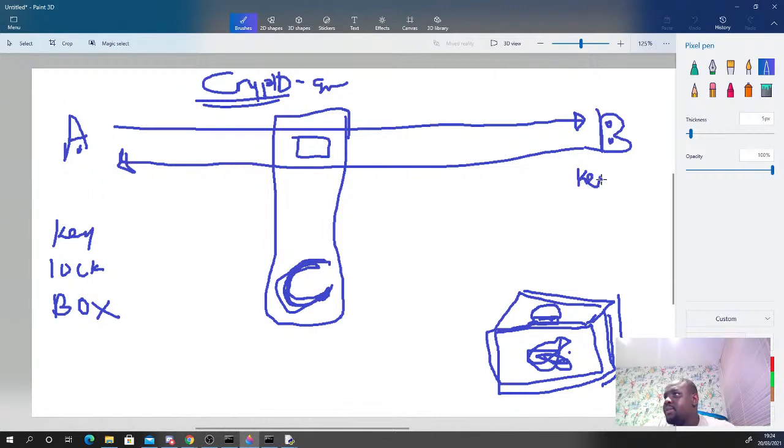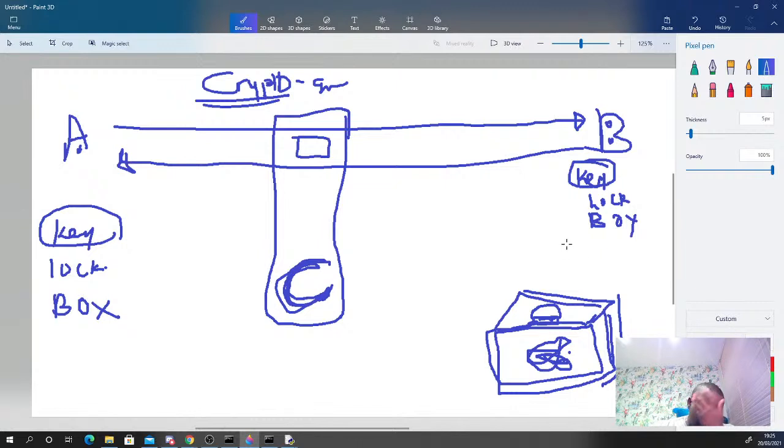A will have a key, a lock and a box. This key is the only key that can open this lock.